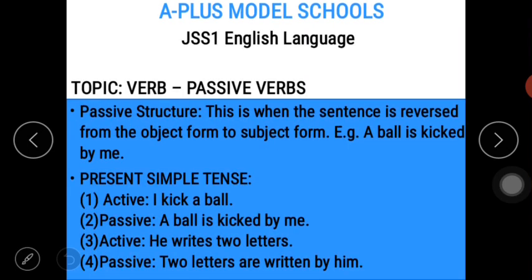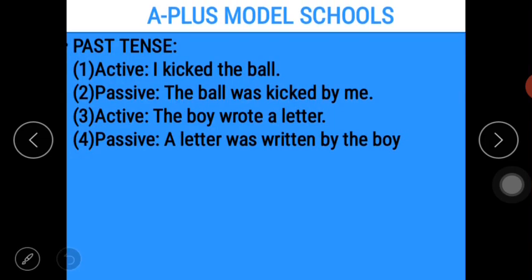So now we started from here. I kick a ball. So now the past is I kicked the ball. I kick is the simple present tense. Kicked is the past. So now how do we change this past active tense to the past passive tense?